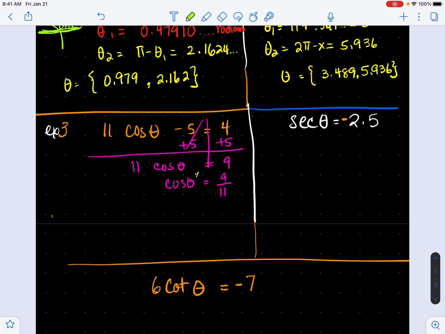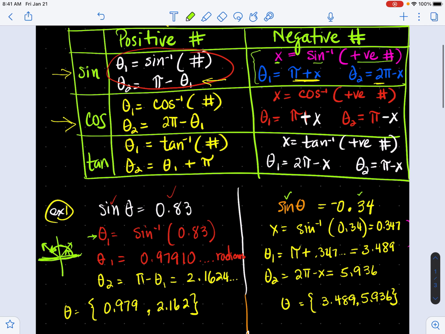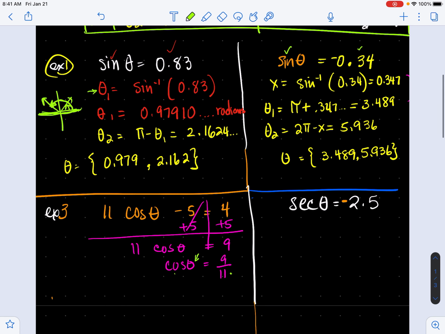So we're basically trying to find an angle theta where the cosine value equals 9/11. Obviously, this is not on the unit circle, so we shall follow the cosine with positive value formulas. This one, or these two. The first one can be simply obtained by plugging in cosine inverse.